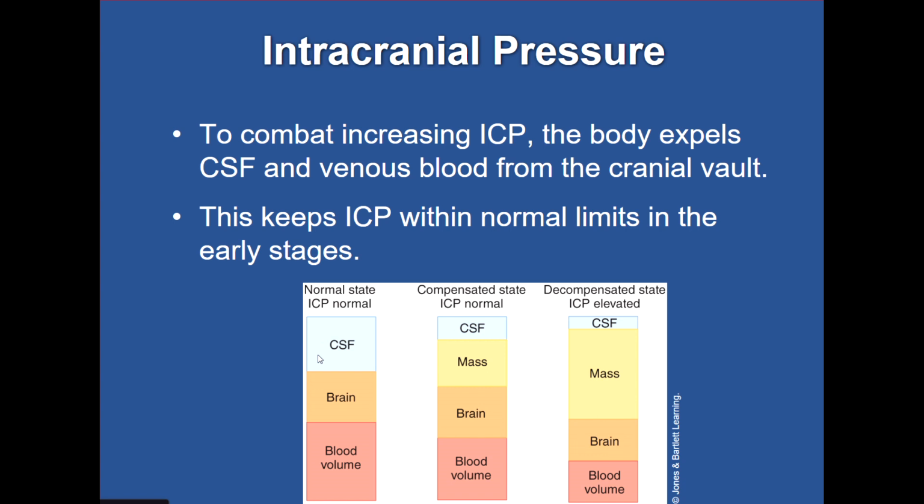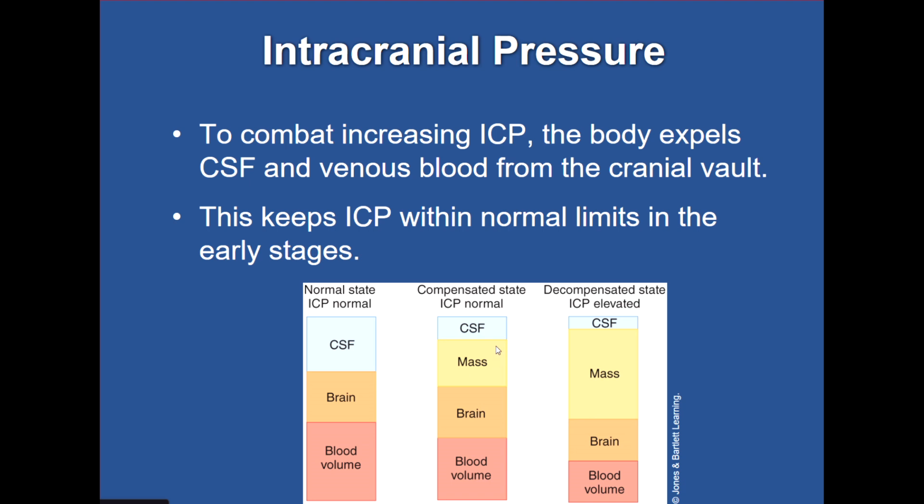It will work its way through there, and it will reduce blood flow. So that pressure on the venous side tends to limit flow coming through there, and this is kind of a representation of that, where this is our normal level. You have relatively this much cerebrospinal fluid, this much brain tissue, this much blood volume.